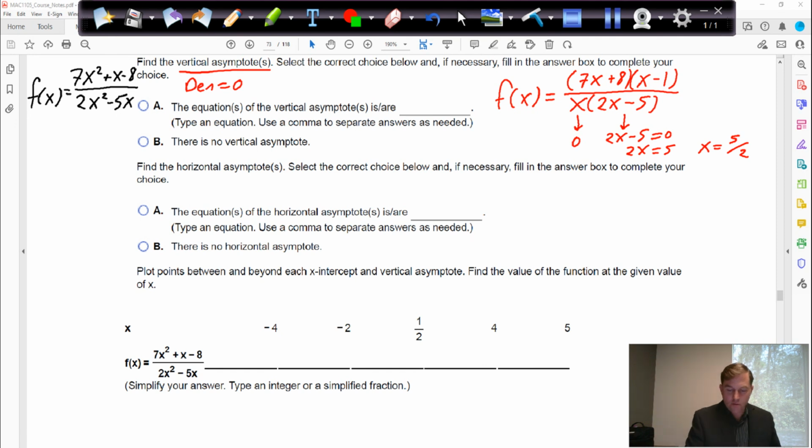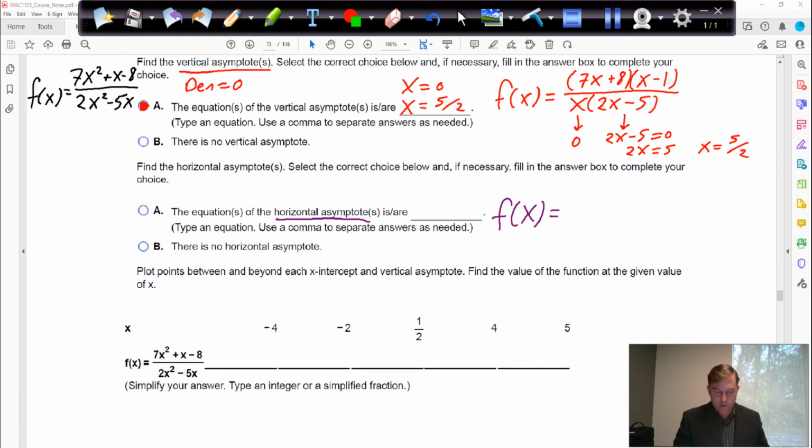So our vertical asymptotes are x equal to 0 and x equal to 5 halves. Okay. The horizontal asymptotes occur when we ignore all but the largest power of x. So let me write the original function and we'll start to toss stuff out.